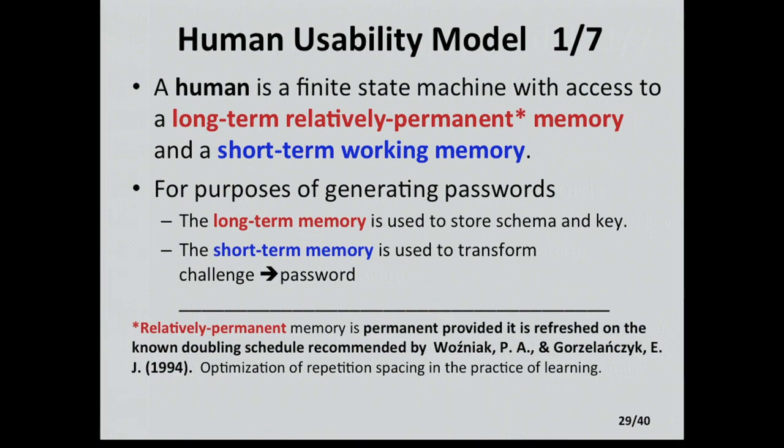And in fact, there's a good chance you'll remember it 48 hours later. If you remember it then, 4 days after that you might remember it. And then 8 days after that you might remember it. So Wozniak basically said that there is a doubling schedule which he recommends for memorizing stuff.